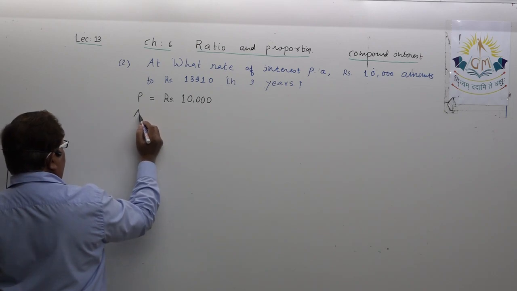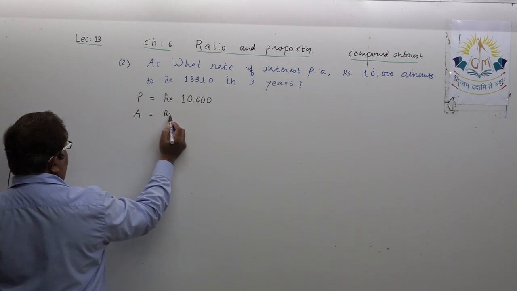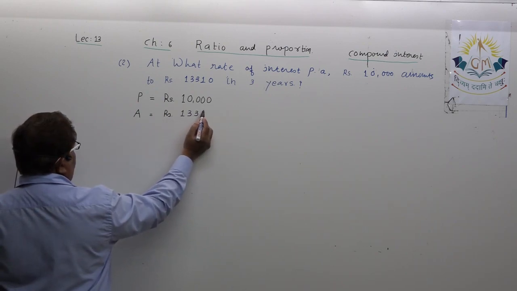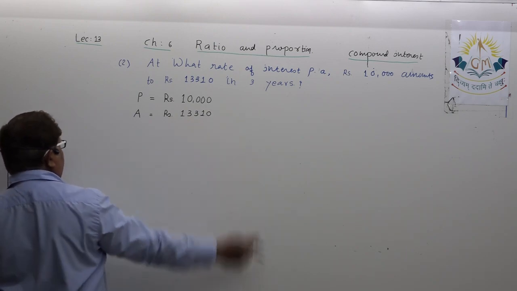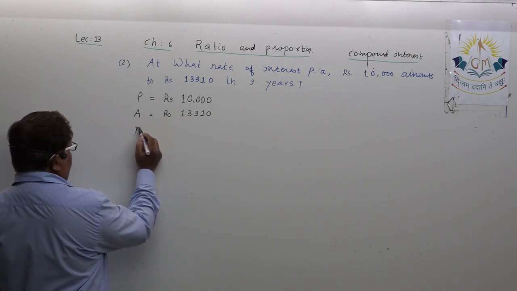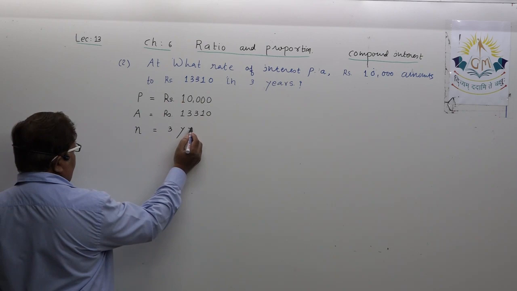What is the amount given? Rupees 13,310. The number of years is already given.